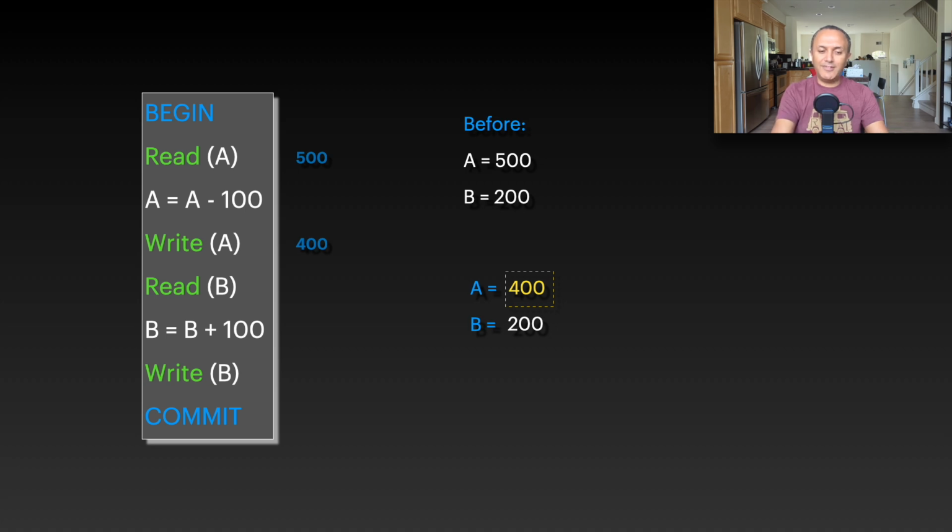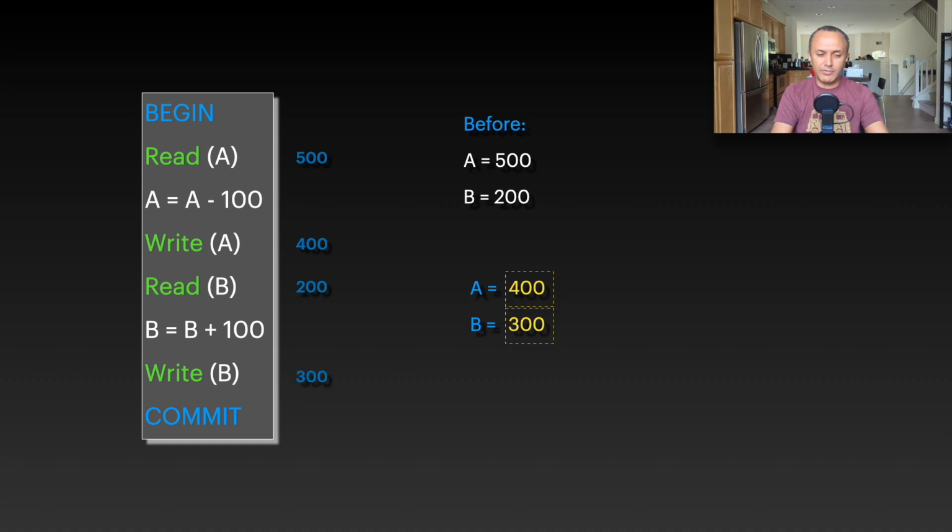I wrote it in yellow with a dotted line around it because even though it's written, it hasn't been committed yet. So think of it as an intermediate state of the data. Even though we have written it to the database, it's not committed. Now we're reading B. B is 200. Add 100 to that, so that's 300.